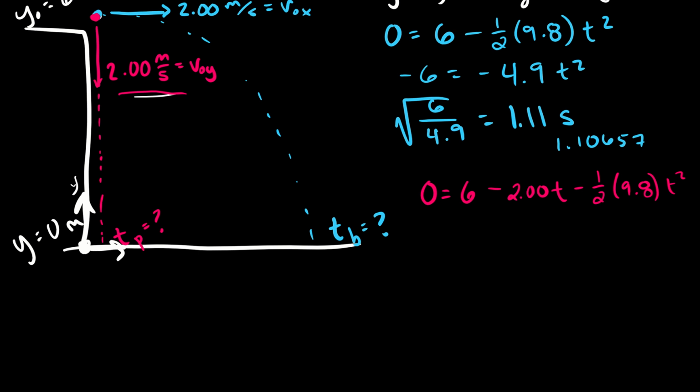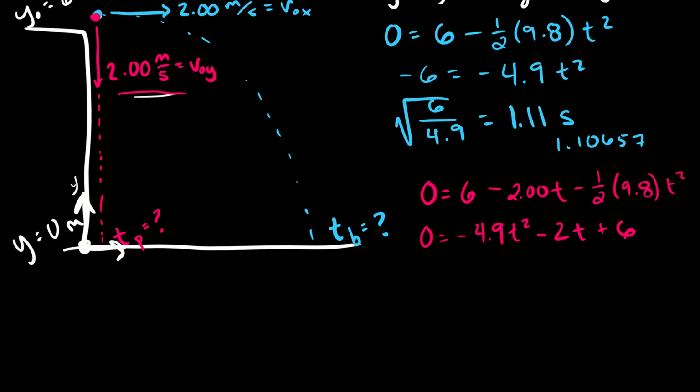So let's go ahead and rewrite and rearrange this. We have 0 equals negative 4.9 t squared minus 2t plus 6. So this looks like a time for our quadratic formula.